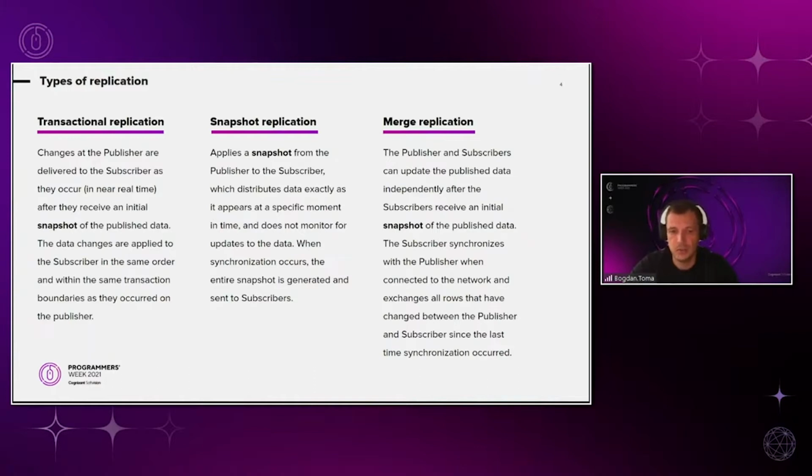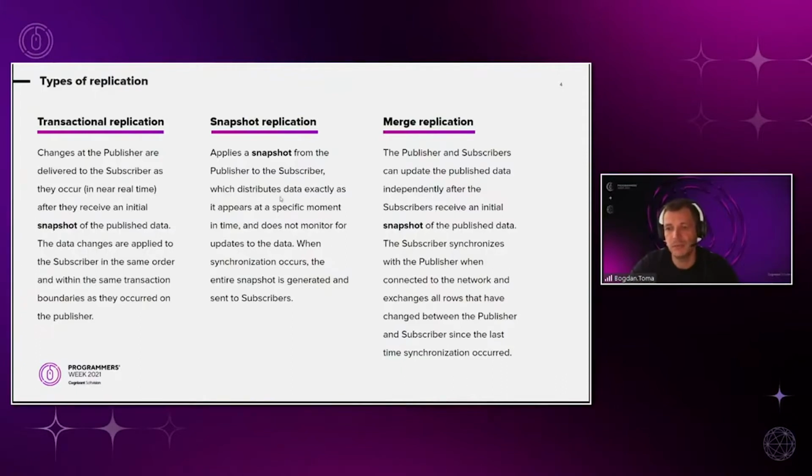Common scenarios include exchanging data with mobile users. So you can see here that the transactional replication sends the data to the subscriber in near real time. For the snapshot replication, the data is only moved at one point in time, and then subsequent transactions are not moved.